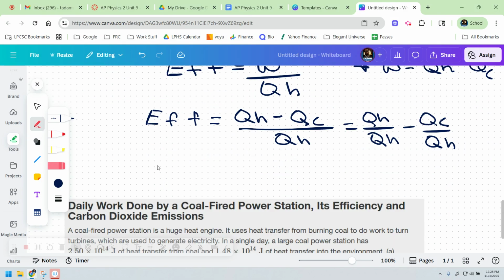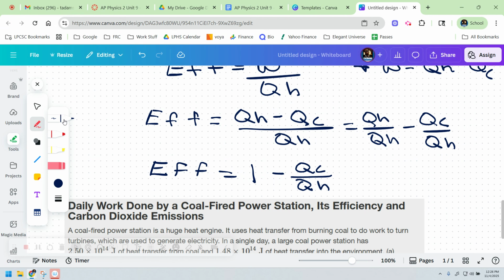And that means our efficiency is equal to, this simplifies to, 1 minus QC over QH, the ratio between the cold and hot heat energy. Okay. So this makes it clear that an efficiency of 1 or 100% is possible only if there is no heat transfer. Right? Only if there is no heat transfer.